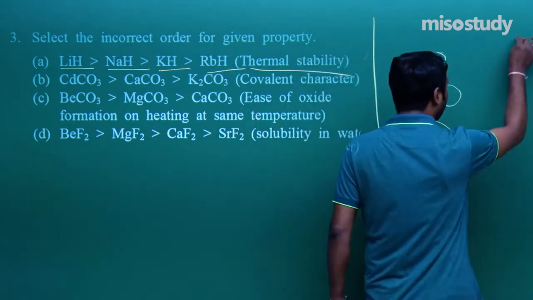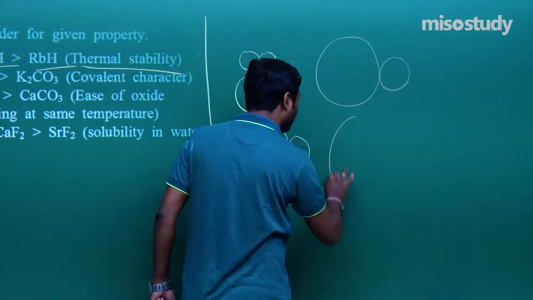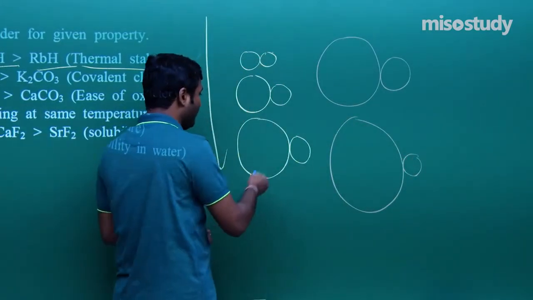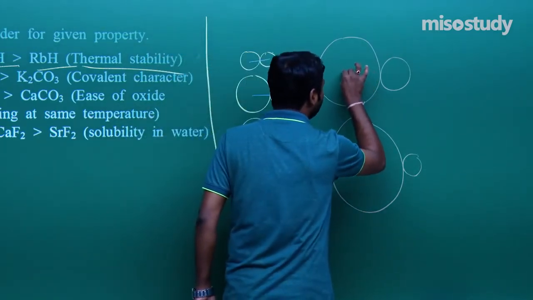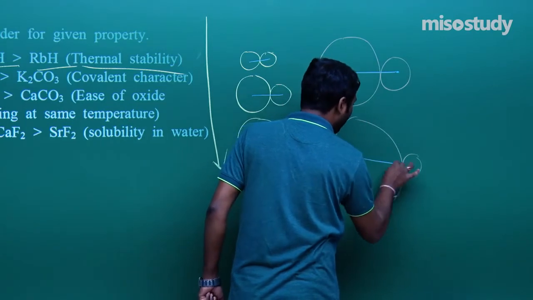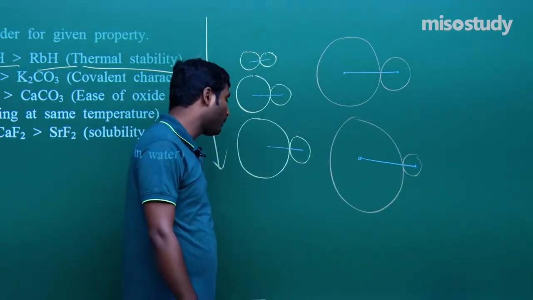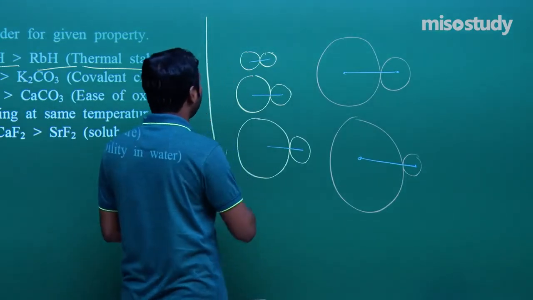Then if I talk about RbH, this is RbH. If I talk about CsH, this is CsH. Now tell me, look at the bond length, in each and every case it increases. If the bond length increases, then it can be broken easily. So this is the order.